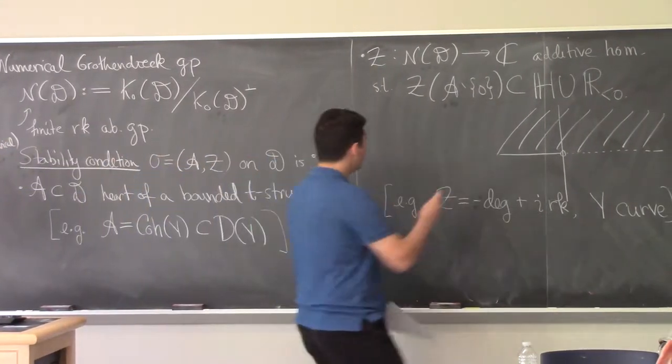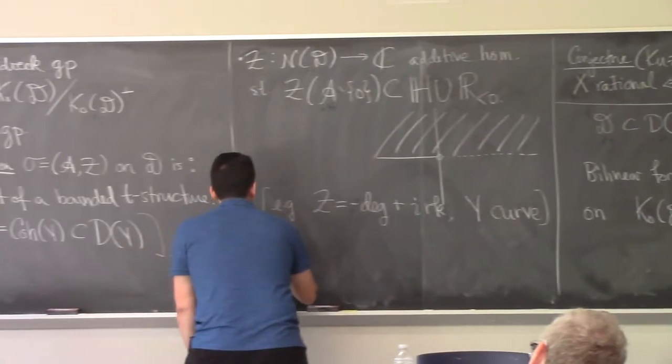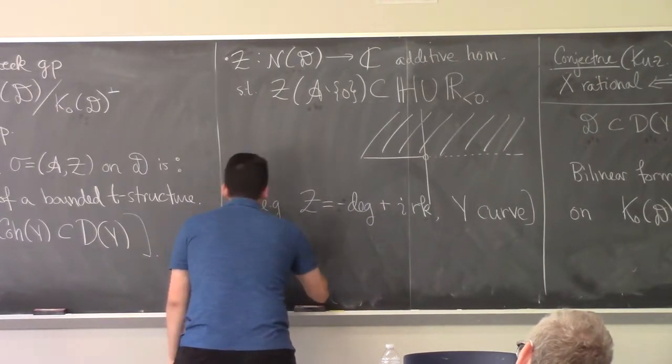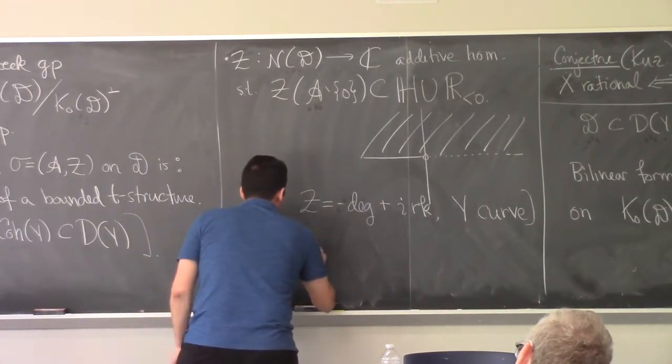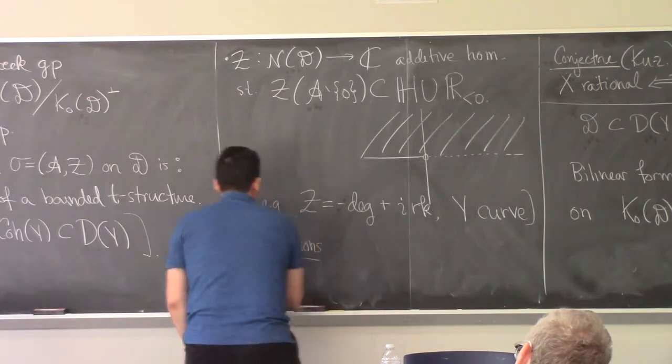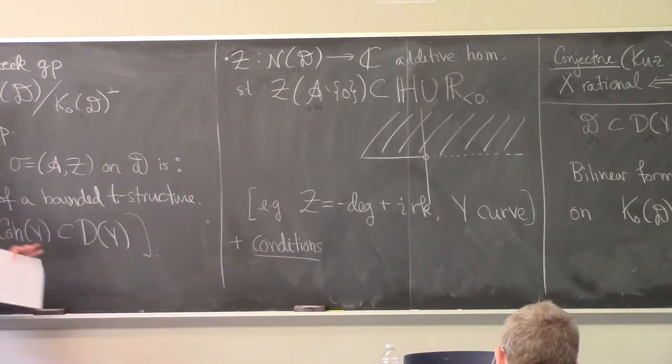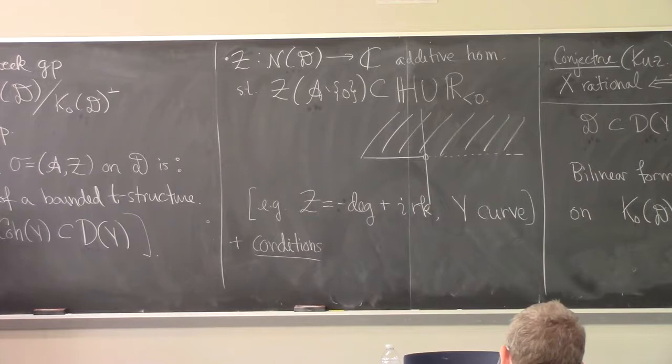Okay, so that's almost a complete definition. Let me just say you need those two pieces of data, plus you need them to satisfy a couple conditions. But these conditions, I'm going to omit the description of them in the talk. In words, you basically need what's called a Harder-Narasimhan filtration, and you also need a technical thing called the support property. But for the purposes of this talk, I'm going to maybe not talk about that.